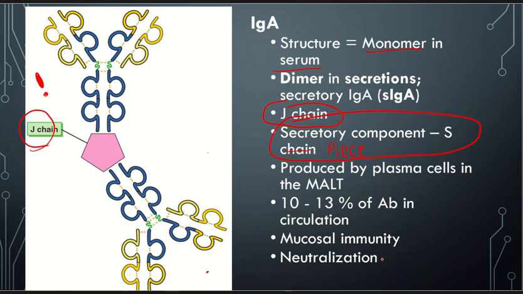So that means it's capable of neutralization, and it'll confer mucosal immunity by blocking them. And it's also the FC portion of the IgA that will actually help bind to parts of the mucus, and so it can help trap microbes. And the secretory component also helps protect it from digestive enzymes in the secretions.